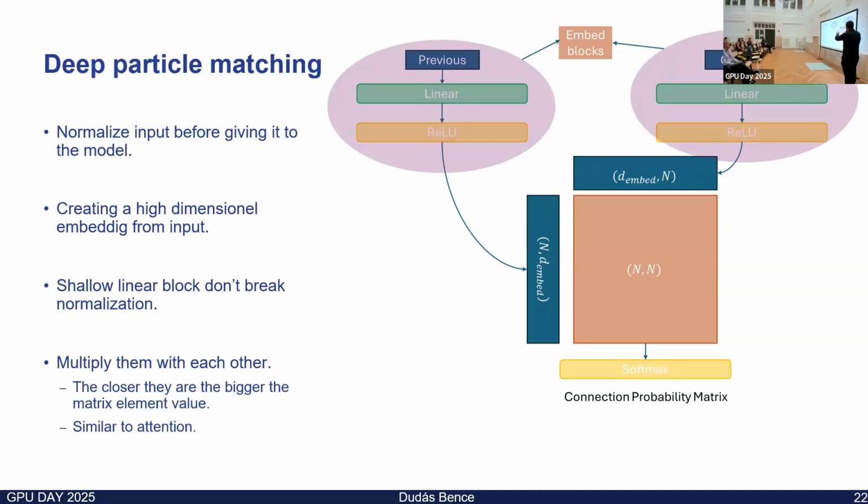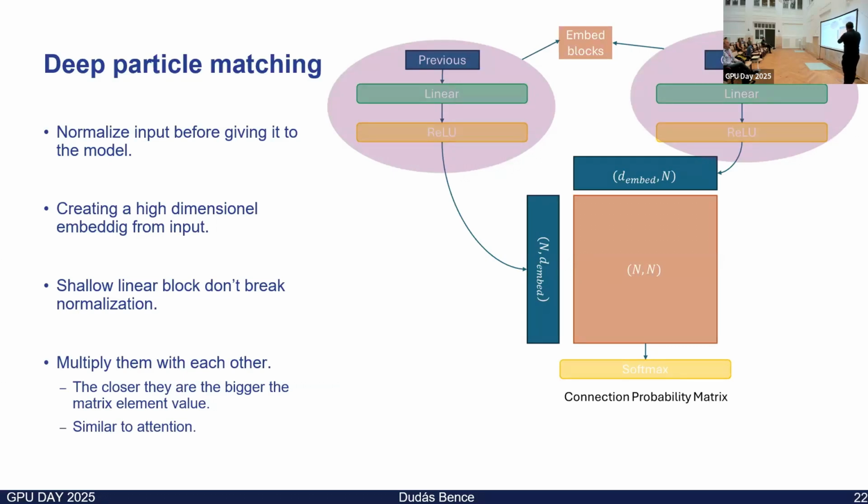So what's happening here is we have these embedding blocks, which are one or a few linear layers, and they will get the information from one detector layer and information from another detector layer. What they do is they embed the original positions into a latent space, so a higher dimensional representation.